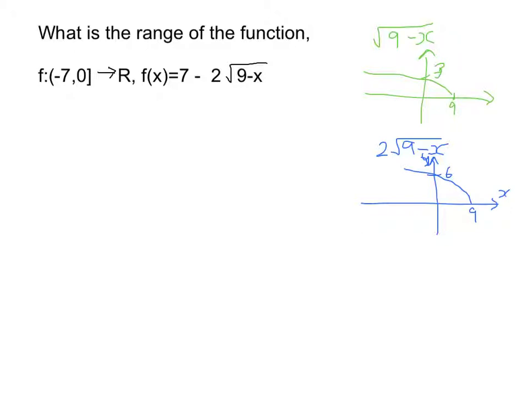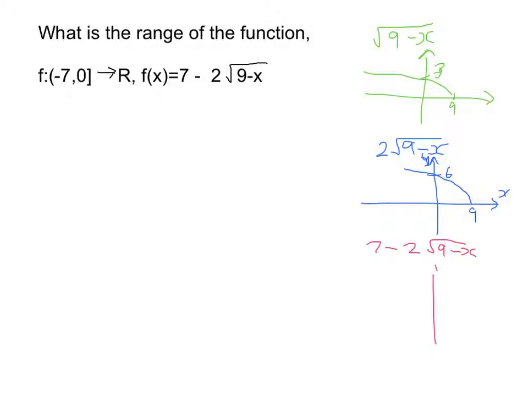And then we go a step further. I'm just changing the colour here to have a look at the graph of 7 take away 2 root 9 minus x. So that's going to be 7 take away that blue graph that's there, 7 take away everything there.